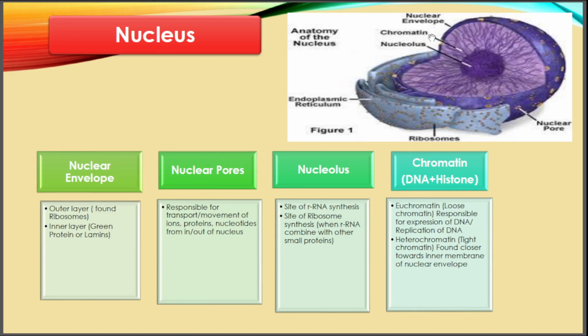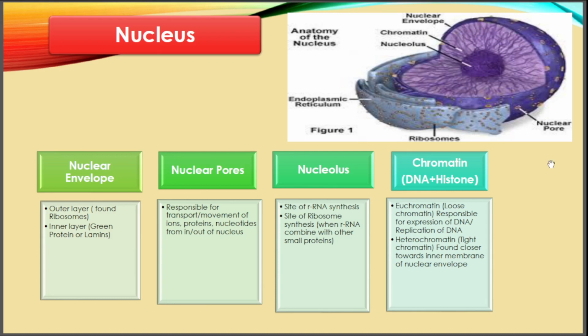The heterochromatin region is called the inactive one because here no transcription of the DNA takes place, and it is tight in nature and it is found near the inner membrane of the nuclear envelope.